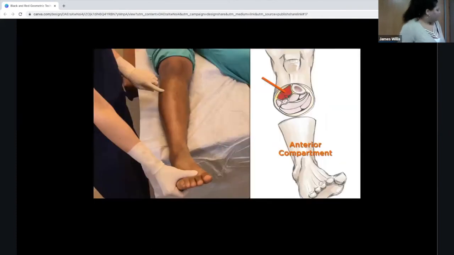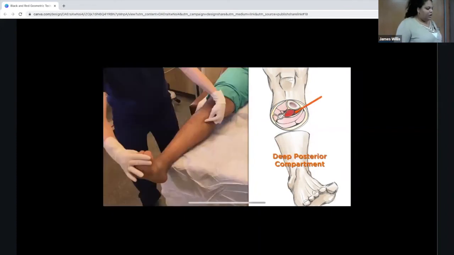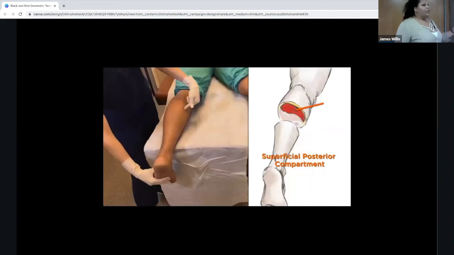So just to go back with the anterior compartment, when you're measuring, she mentioned that while you have the pressure monitor in there, you can increase the pressure if you flex the foot, which she's doing there. And then for the lateral compartment, you want to invert the foot, again, because we went over the anatomy of the muscles. For the deep posterior, you want to do toe extension, and that'll increase your pressure and help you know that you're in the right compartment.